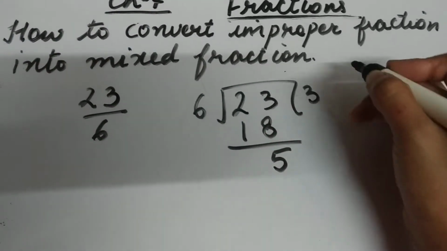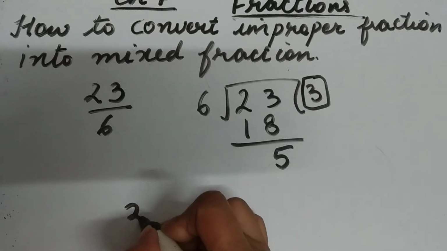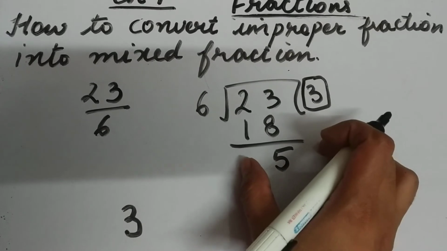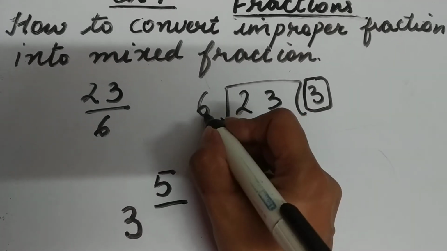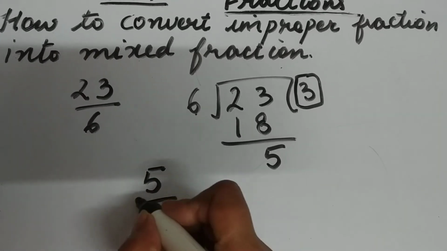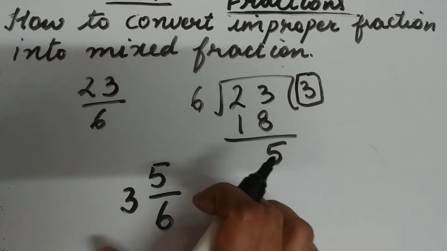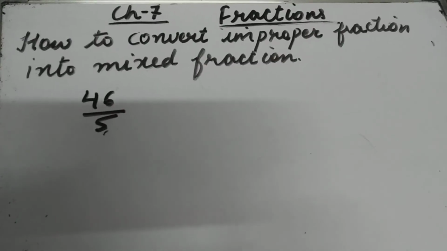How will we write it? This quotient is our whole number part, so this will come on the left. This remainder is our numerator and this divisor is our denominator. Like this, 3 5 upon 6 is the mixed fraction of 23 upon 6.